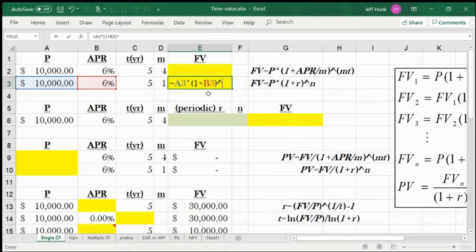This is called caret, which is a universal machine language for raising something to a power. So raised to 5, and hit enter. And there you go.